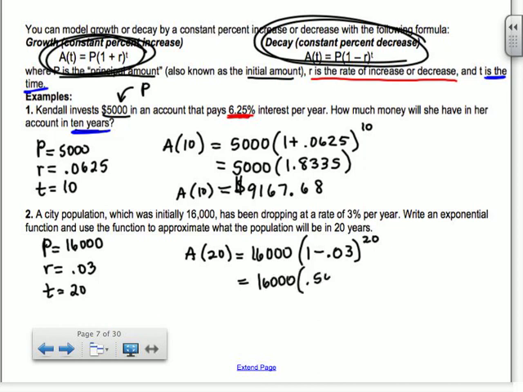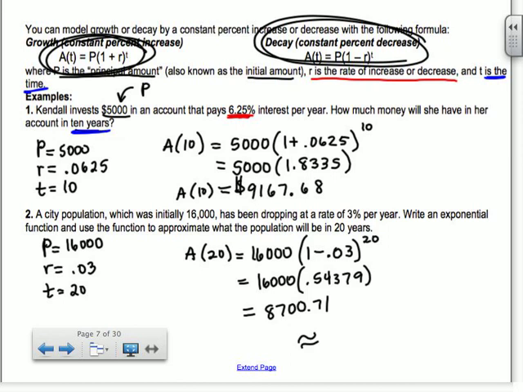So I had 0.54379. Again, that's rounded. I'm going to keep that number in my calculator and multiply by 16,000. Okay, this isn't money. This is a population. So what would you say for this? Yeah, we don't have like 0.71 people.